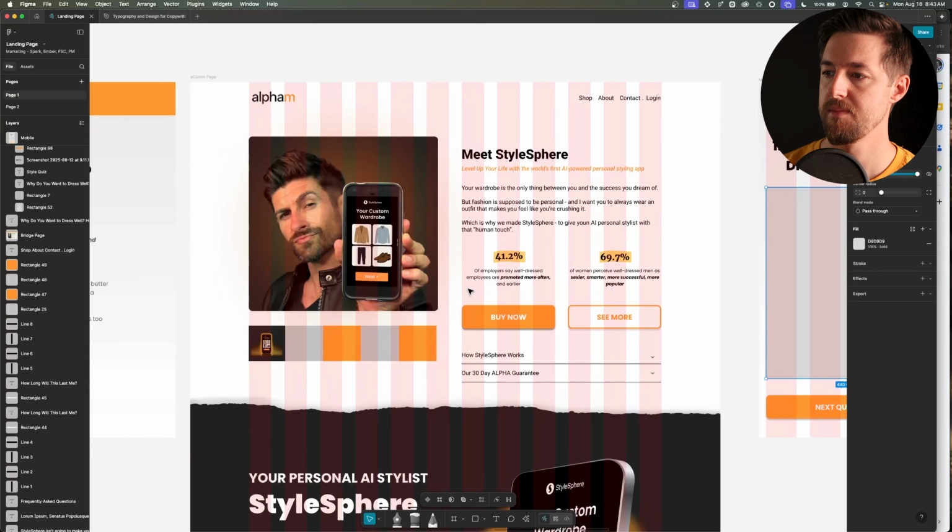Quote, the style is supposed to be personal. So when a guy sees an outfit recommendation, he picks and chooses what he wants, and the bot learns.